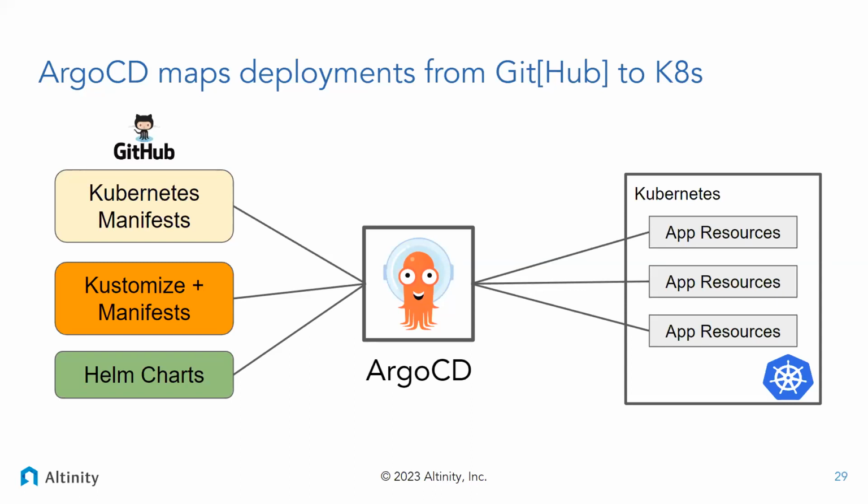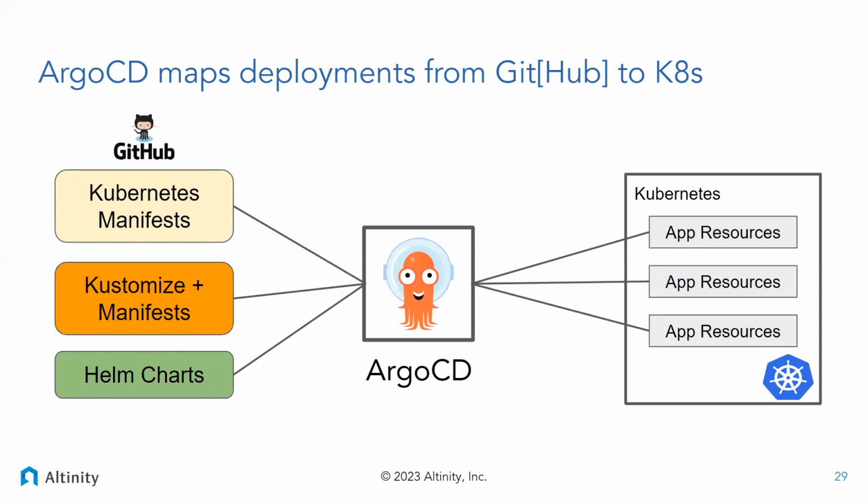What Argo CD does is it allows you to point to what are called applications, which can be Kubernetes manifests, just a resource file. That's the way that you can install, for example, a ClickHouse server. They could be Kustomize projects. Kustomize is a Cloud Native Computing Foundation project that allows you to take manifests and tweak them as they're installed.